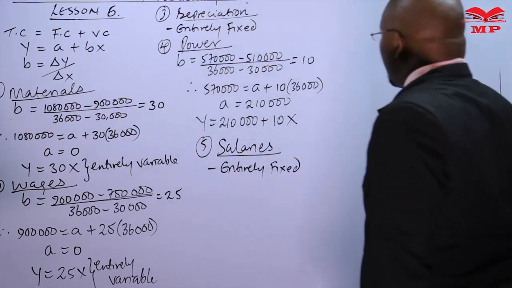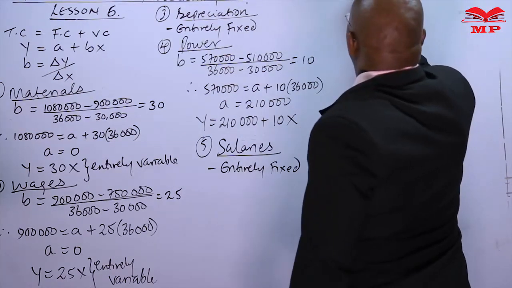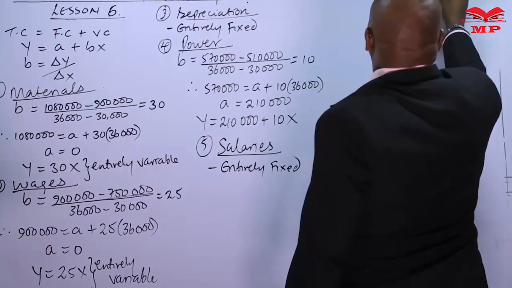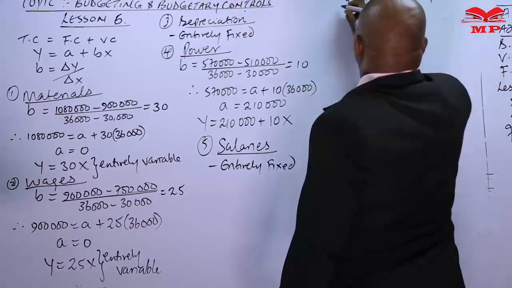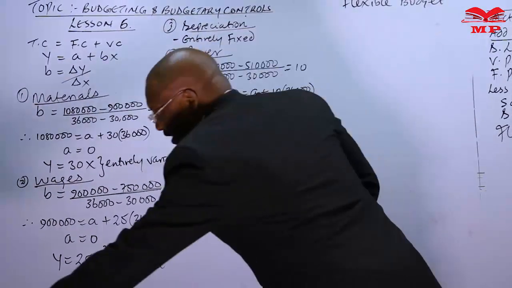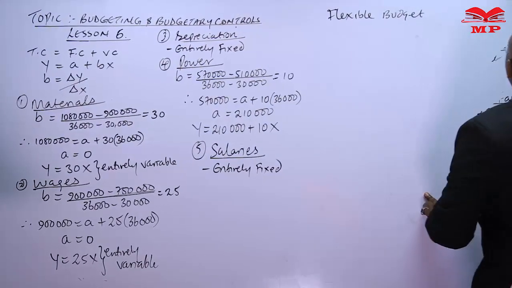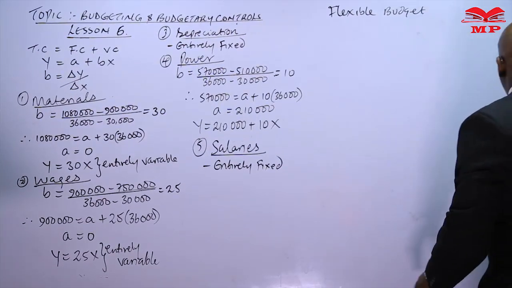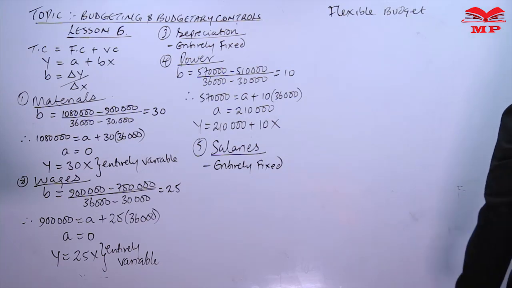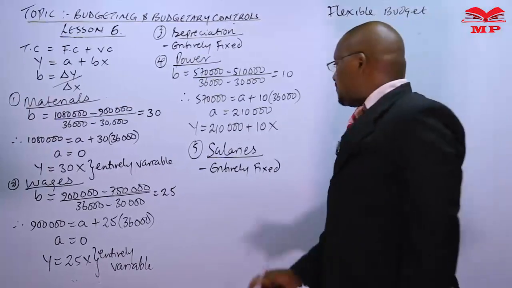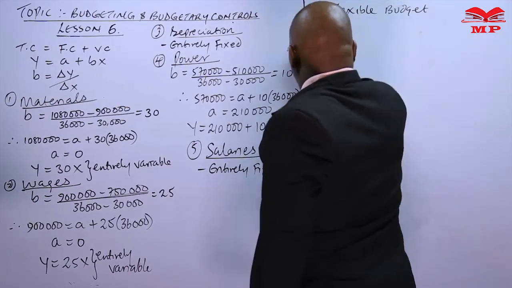And having understood the composition, when you're told to come up with a flexible budget for the number of units, we can have it here. This is now the flexible budget. And remember something, we have not been given the actual costs.